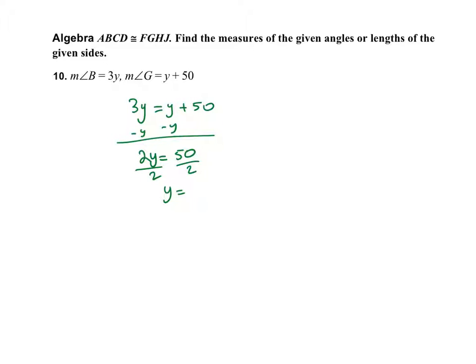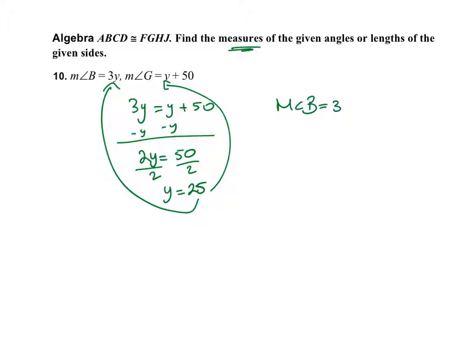So y equals 25. But it's asking you for the measures, so I'm going to substitute back here. The measure of angle B equals 3 times 25, so 75 degrees. The measure of angle G equals 25 plus 50, which equals 75 degrees.